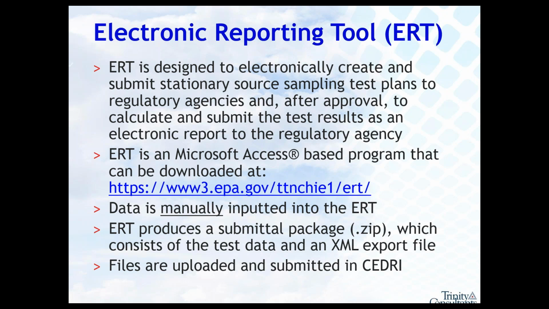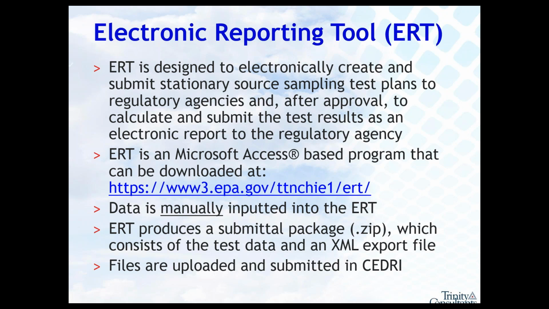The electronic reporting tool is a Microsoft Access-based program that can be downloaded from EPA's website or the ERT website. So if you were going to do this yourself, you would get your performance test or RATA data, download the ERT tool, enter data into the tool, and generate an ERT file, which is usually in .zip format and consists of the test data.